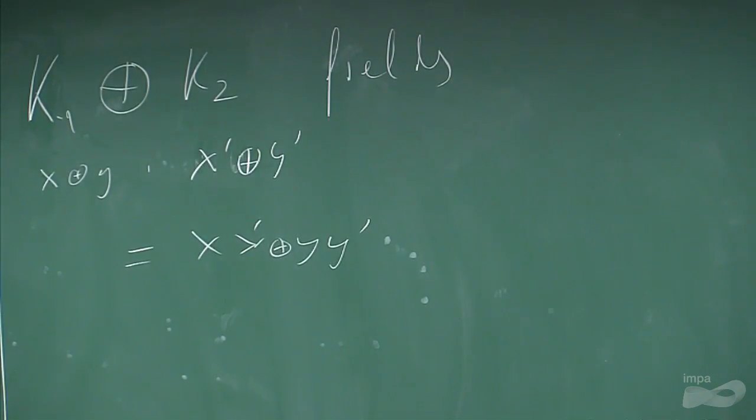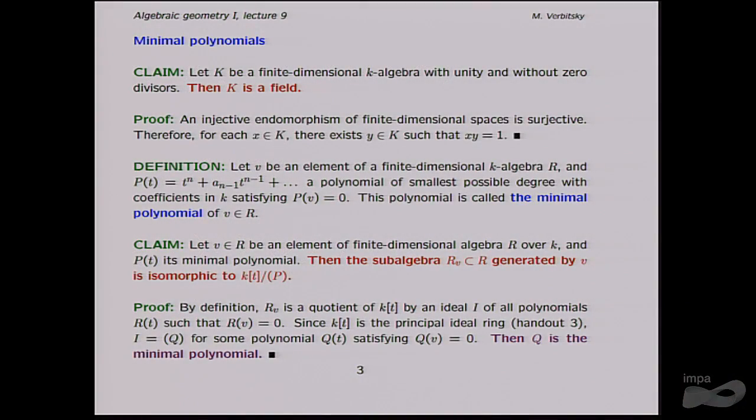So the algebra and ring is pretty much the same. But OK. Now the minimal polynomial is something you probably have seen in linear algebra.